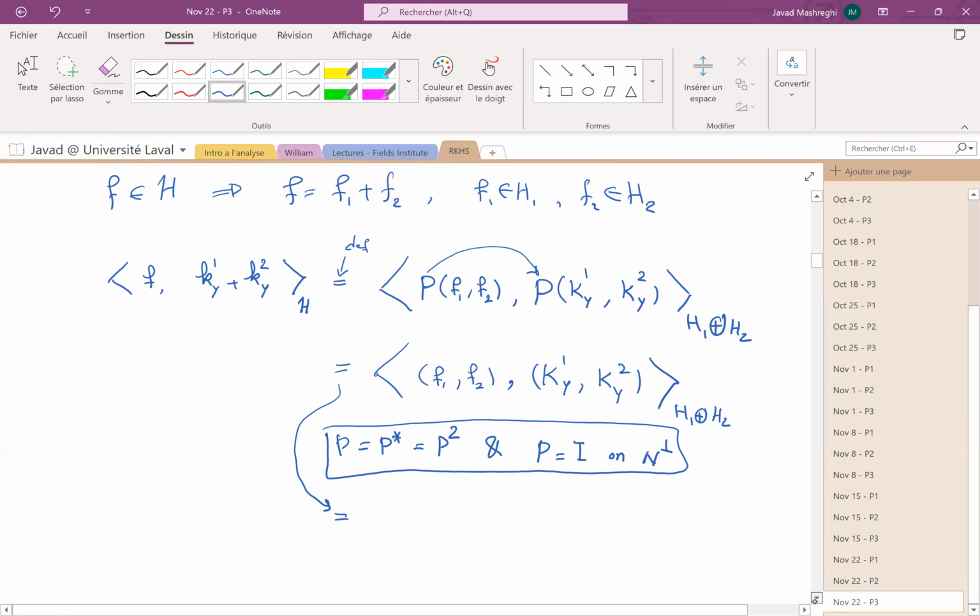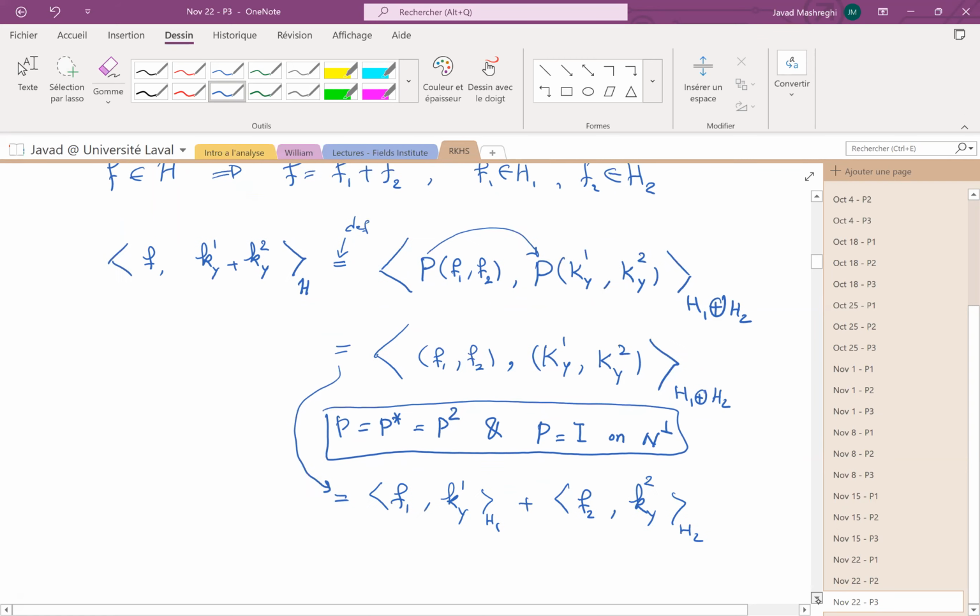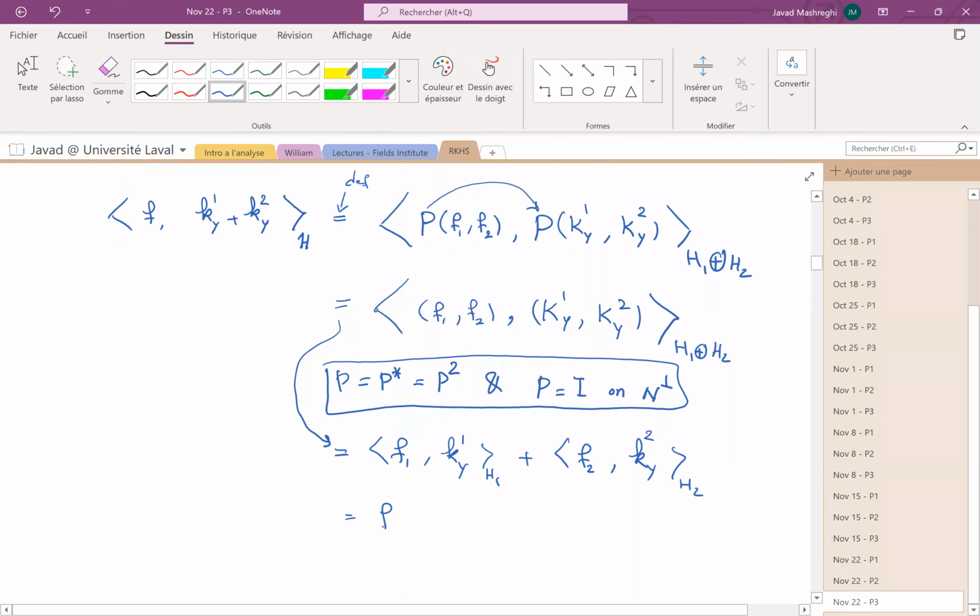By definition, this is the inner product of f1 with k_y^1 in H1 plus the inner product of f2 with k_y^2 in H2, which becomes f1(y) plus f2(y), which is f(y).